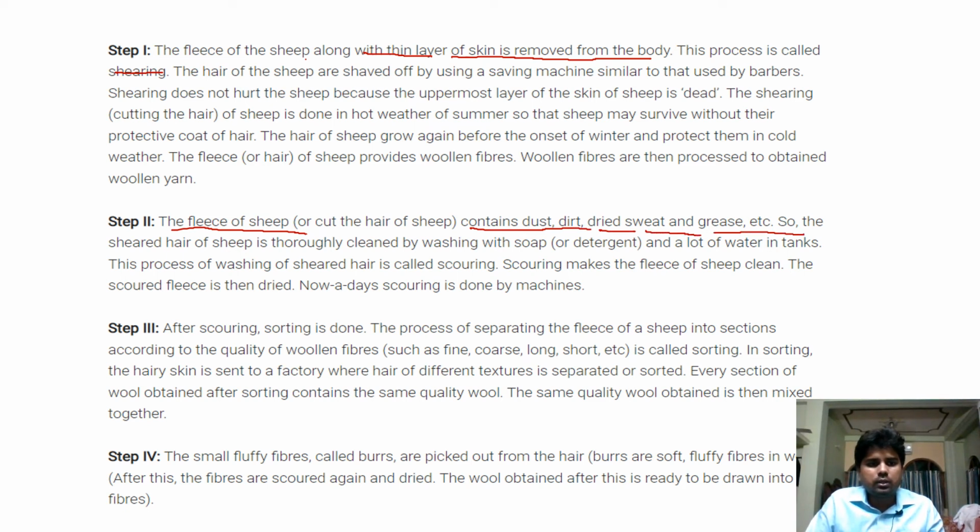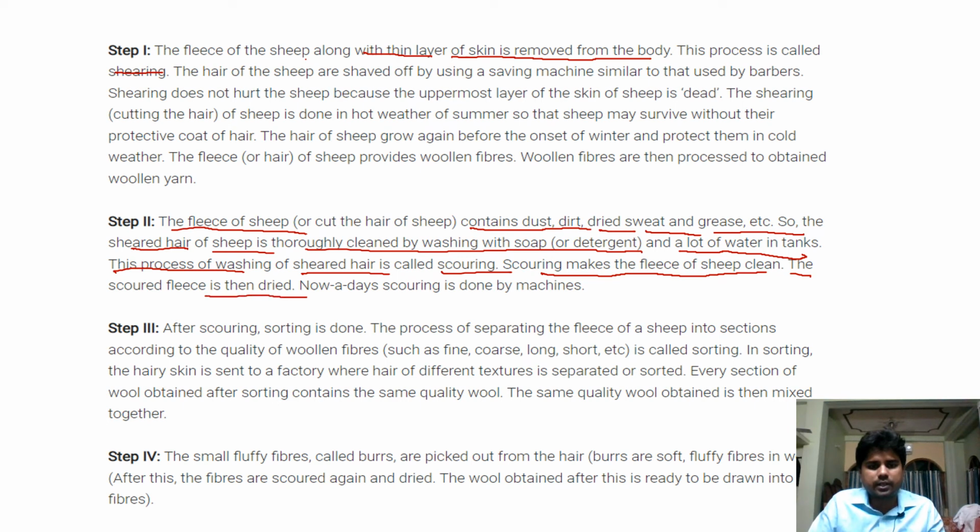So the sheared hair of the sheep is thoroughly cleaned by washing with soap and a lot of water in the tank. This process of washing sheared hair is called scoring. The scoring makes the fleece of the sheep clean. The scored fleece is then dried. Nowadays scoring is done by machine also.